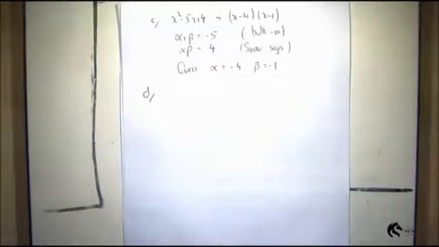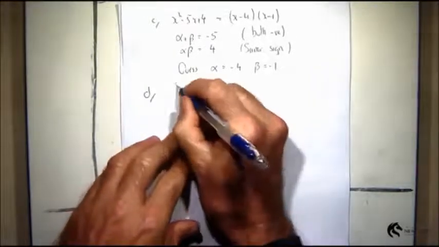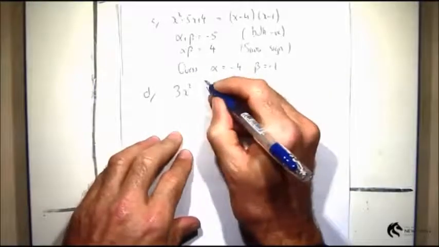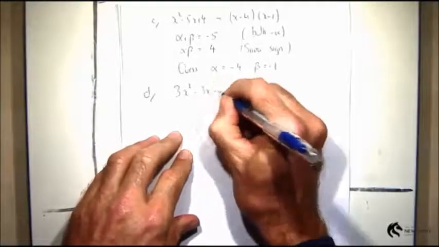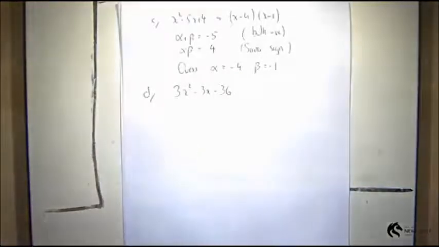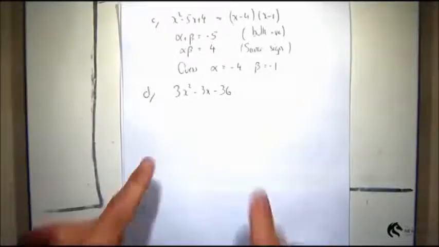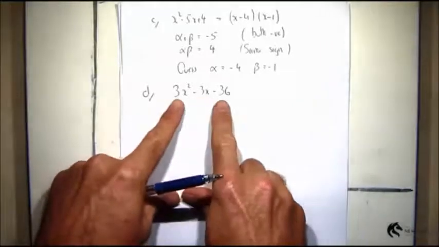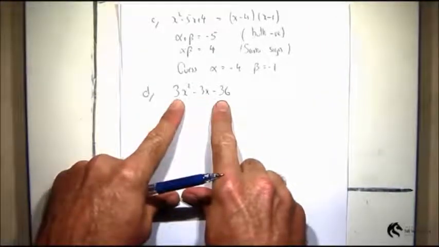Part D, here is 3x squared minus 3x minus 36. Now, our method over here had just 1x squared. So we're in a little bit of trouble, but we're happy because we notice that 3 is common to all the terms, so I can take it out as a common factor before I start.